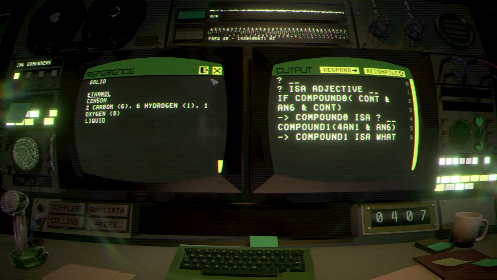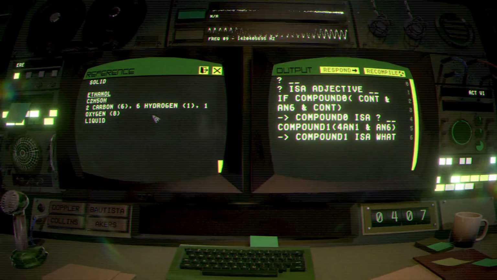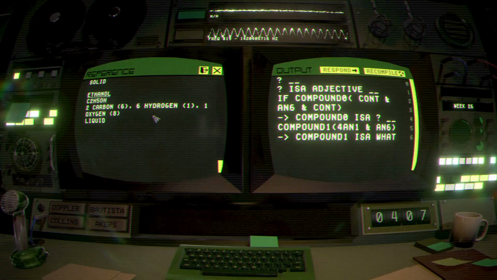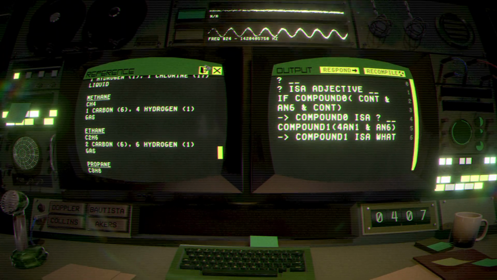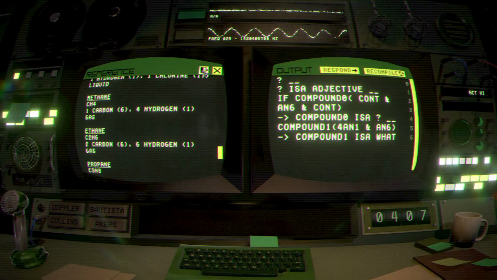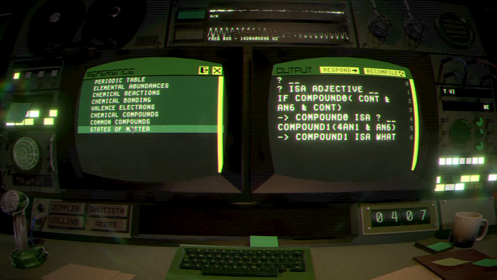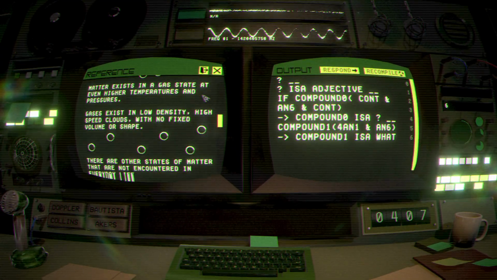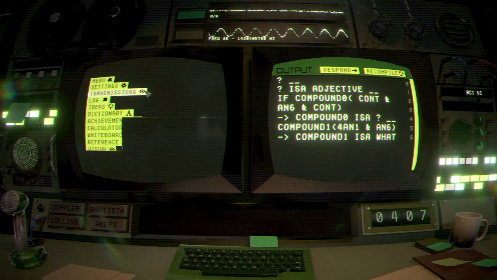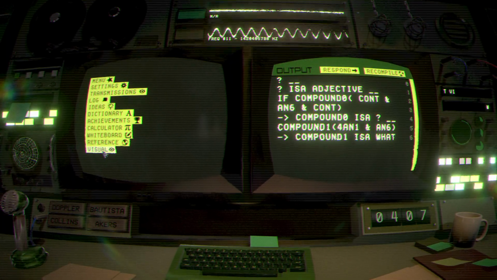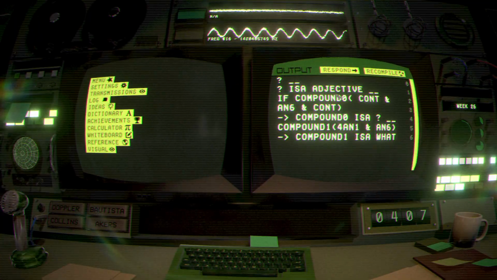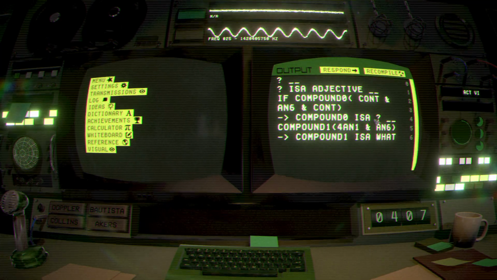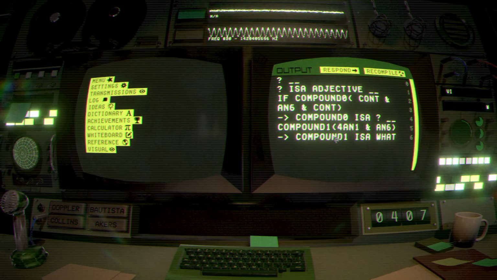Oh, Lord. Okay. You know what I think it is? States of matter. Solid, liquid, gas. So something is an adjective. If compound something something, then compound is a solid? Okay, let's think about this.